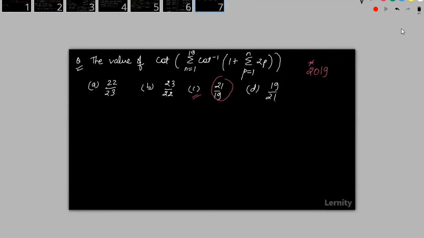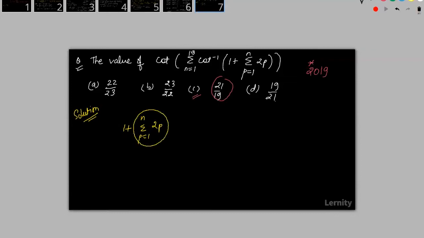Okay, so let's solve this one also. First let's see what this is. This part is 1 plus sigma of P equals 1 to N of 2P.